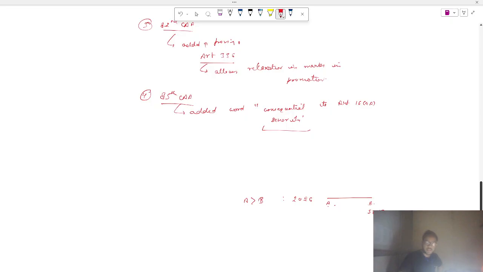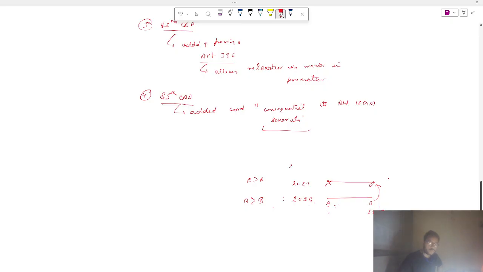If A is senior to B in 2026, in the upcoming years, let's suppose vacancies arise for the SC and ST communities. In 2026, A is senior to B, but because a vacancy arises in 2027, B gets promoted to a higher post. Now B becomes senior to A. Because there is no vacancy for A, A is not promoted, but B got promoted because of the vacancy.